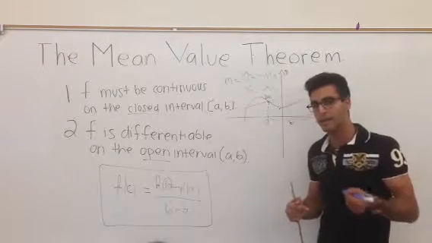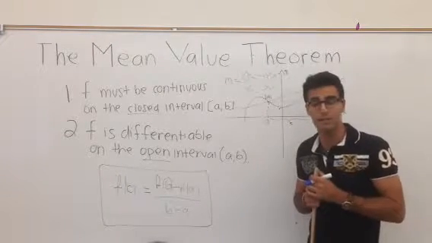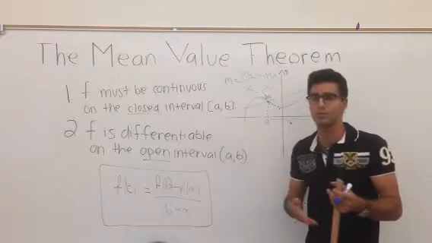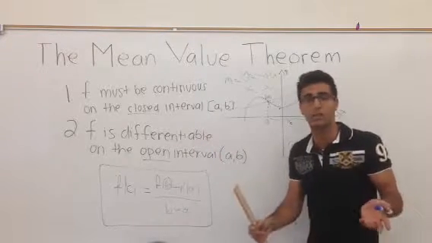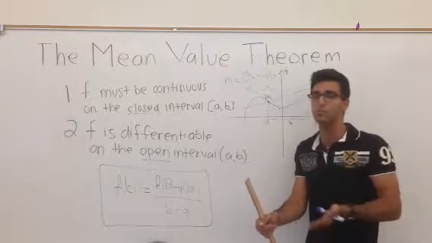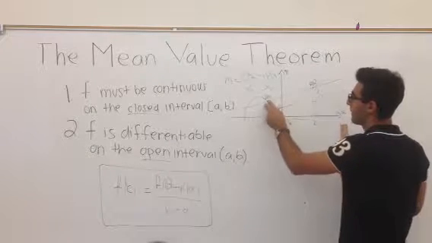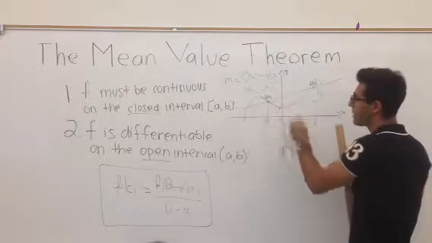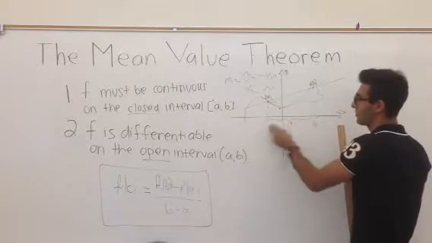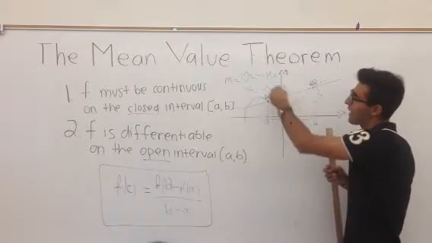Because how can I get an average speed of 19 miles per hour without ever reaching that? If I was riding my bike the whole time at a speed of 10 or 12 miles per hour, I could not even get my average speed of 19. So that is the mean value theorem: if I have my average, there must be a point in between those two points that has the same slope as my average slope.